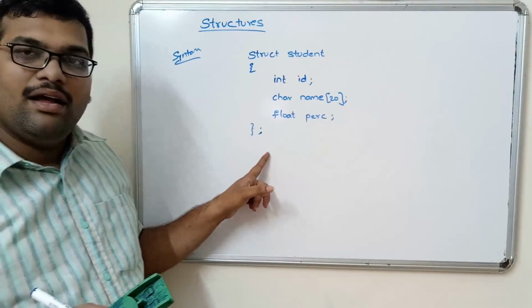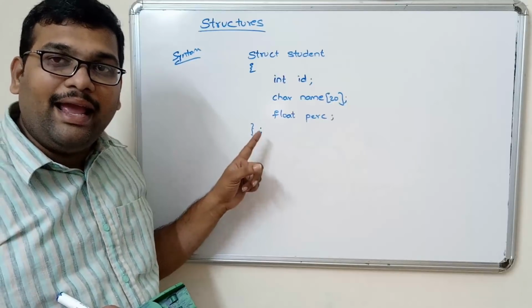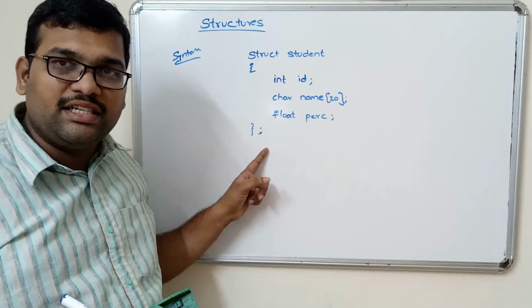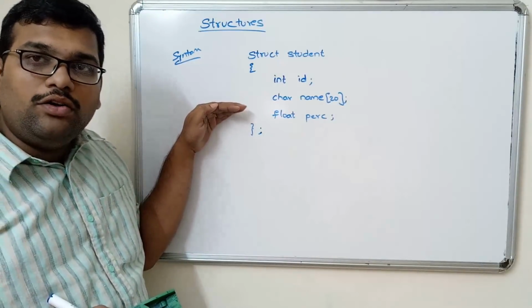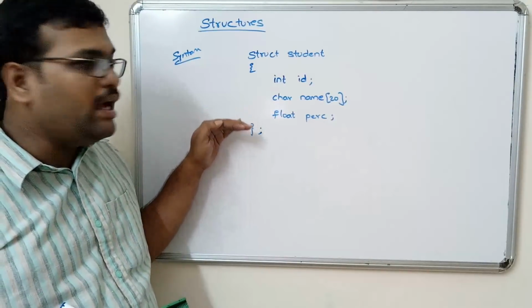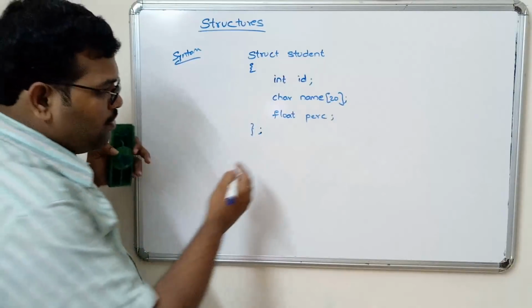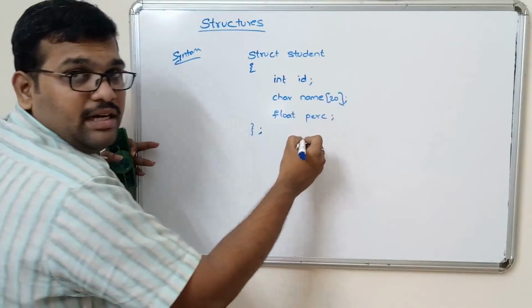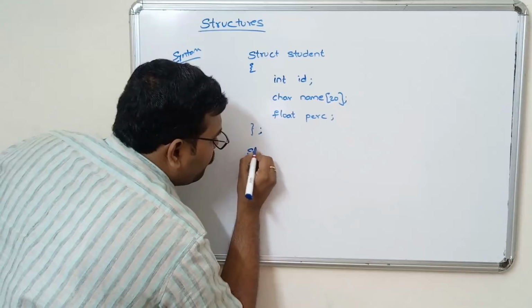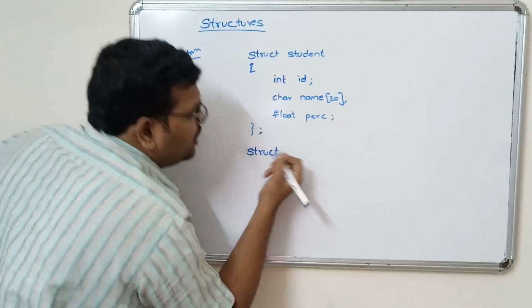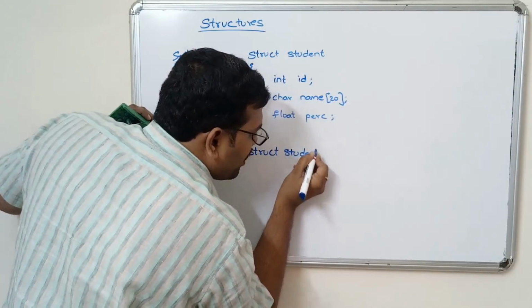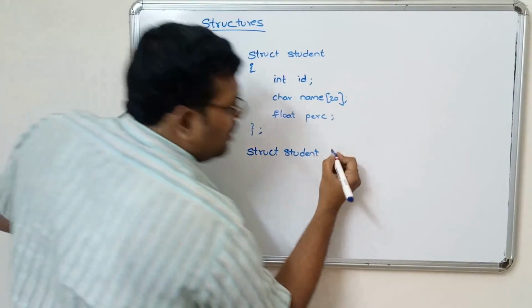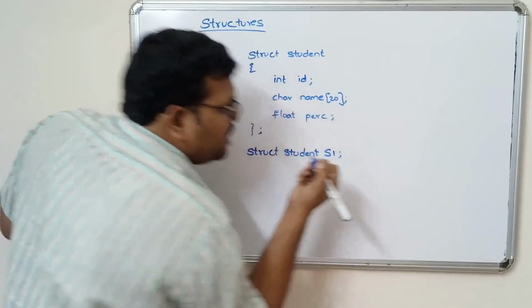So here we are not declaring any structure variable. If you want to declare a structure variable, we have to use this tag name. So this is the structure definition, and to declare a structure variable, struct student s1 semicolon.